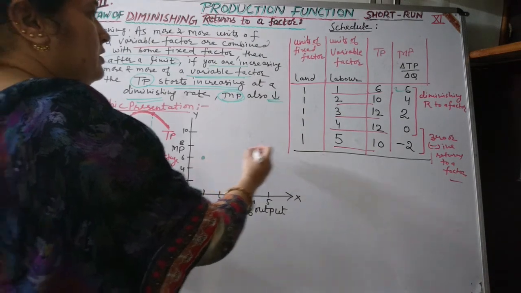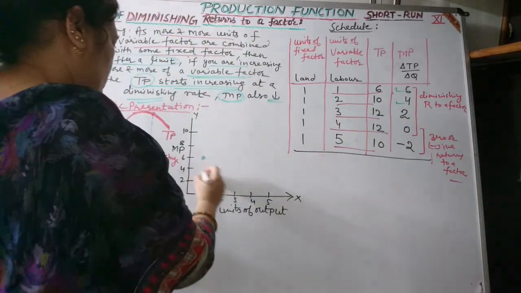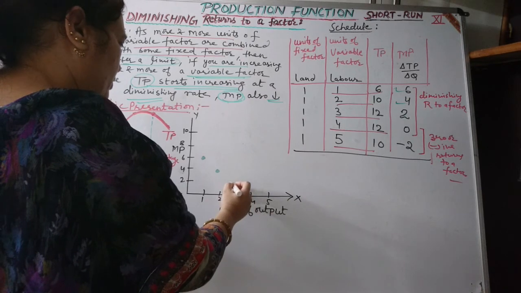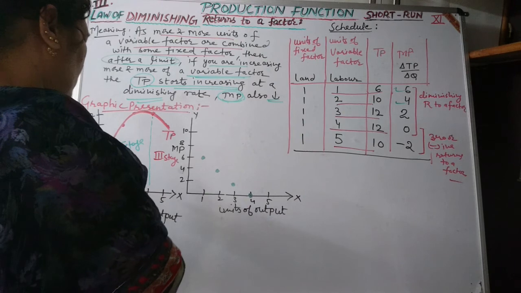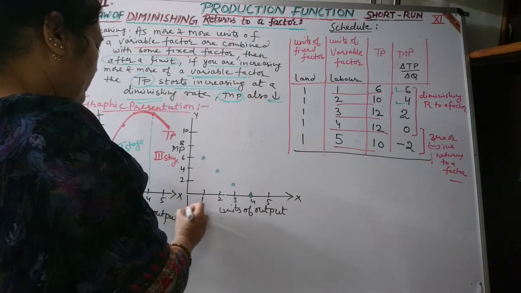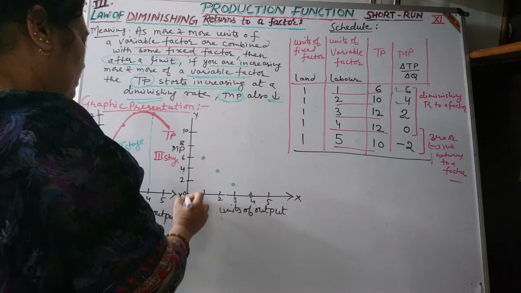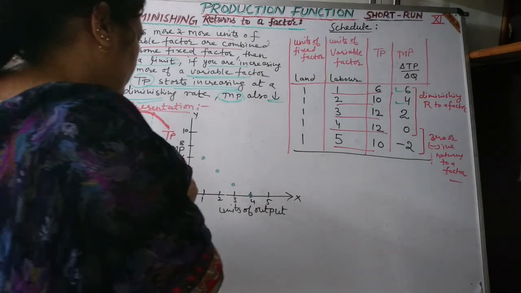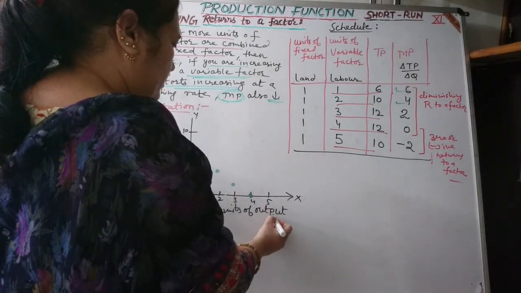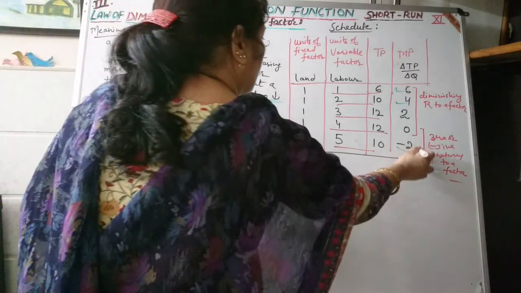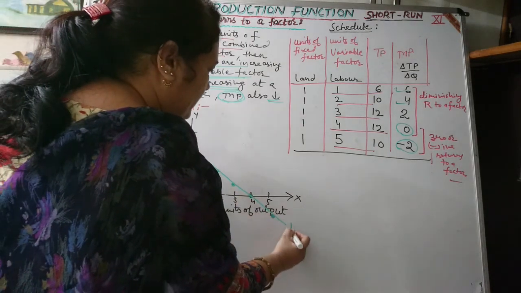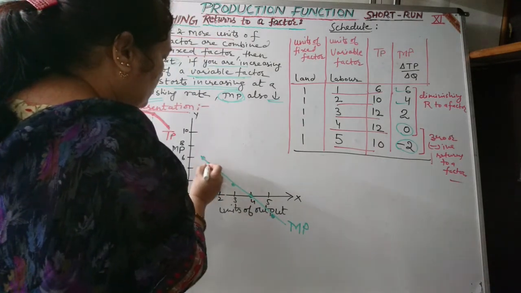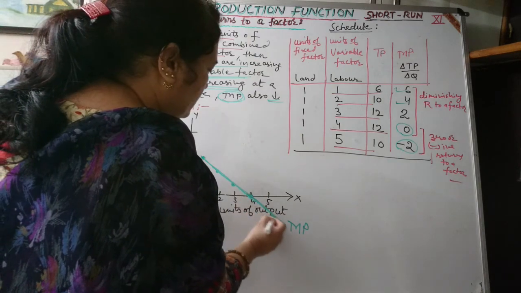And now let us prepare marginal production. At first level of output, marginal production is 6. At second level, it is 4. At third level, it is 2. At fourth level, it is 0. And we have to prepare negative returns also, so negative below the x-axis. At fifth level of output, it is -2. While joining all these points, we get a left to right downward sloping marginal production curve.